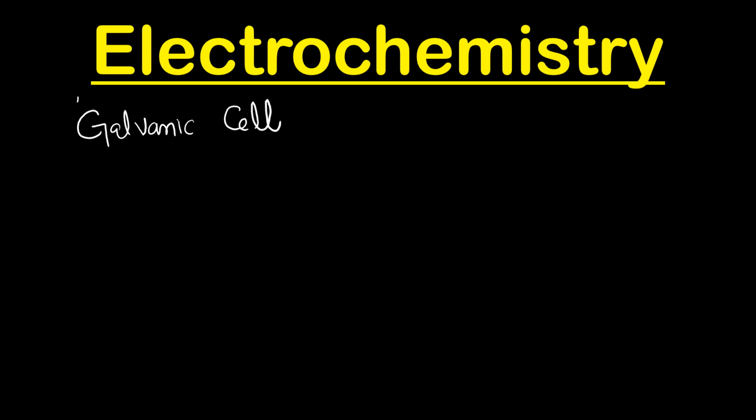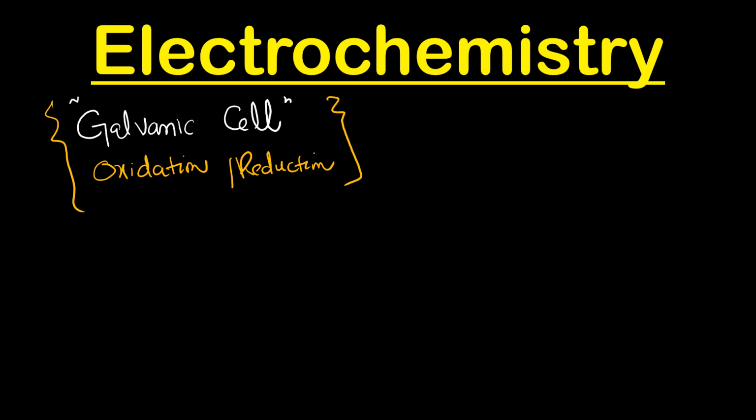A galvanic cell is a cell in which a chemical reaction occurs in a solution, usually an oxidation reduction reaction, and due to the oxidation reduction reactions electrons flow from one solution to another solution and they generate electricity.